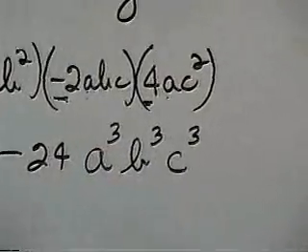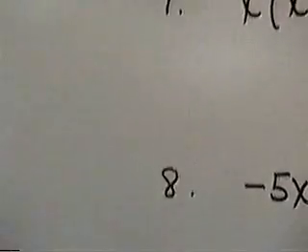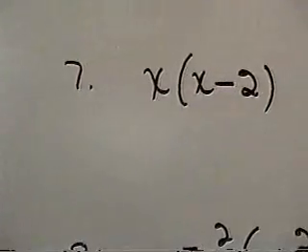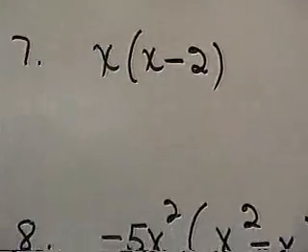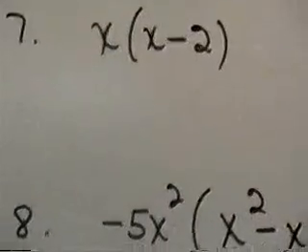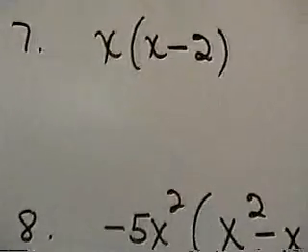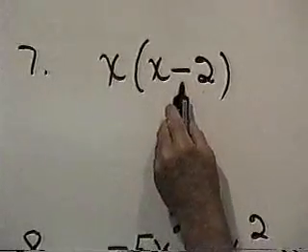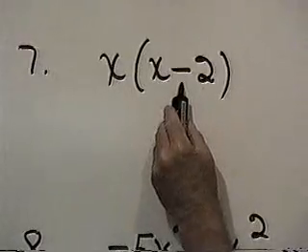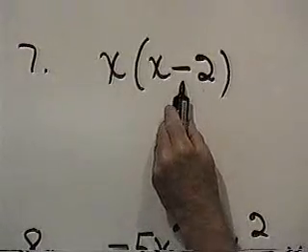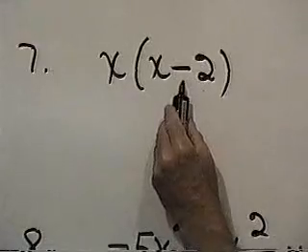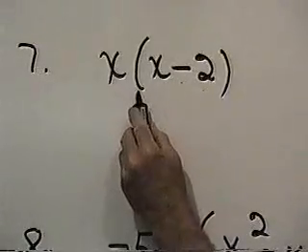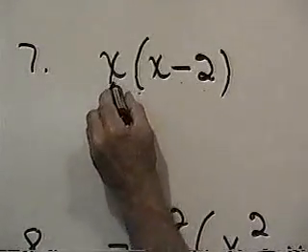All right, now let's look at the next set of problems. Starting with problem 7, this is what's called a monomial times a binomial. A binomial is where you have 2 terms added or subtracted together. It goes with the rule from the first part of this tape, and that was to remove parentheses, you multiply everything inside.